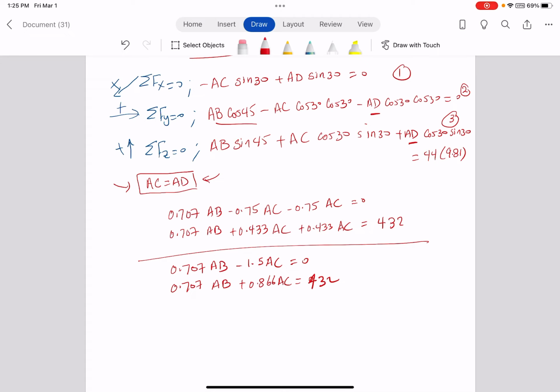So now we could subtract, let's say this is equation 4 and equation 5. Let's subtract 4 from 5. This will cancel out AB.